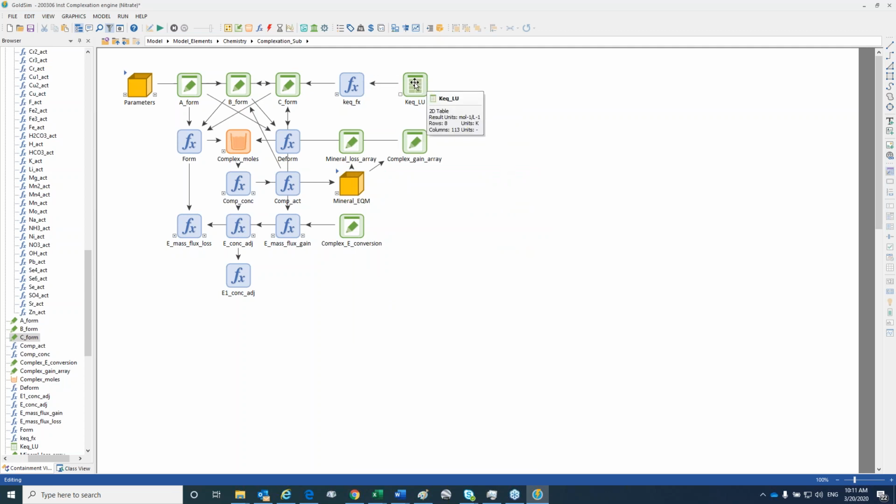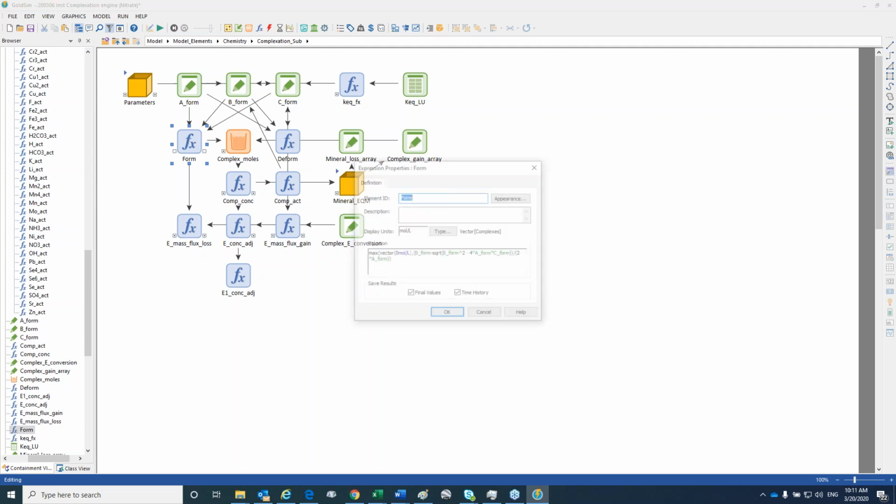But yeah, the tables are from the thermo.dat database. Realistically, you can use a number of different tables. I will also point out that you don't actually have to calculate all of these complexes. You can form minerals directly from the free ions, and it's a much simpler calculation, and you can use the exact same algorithms that I was talking about before.